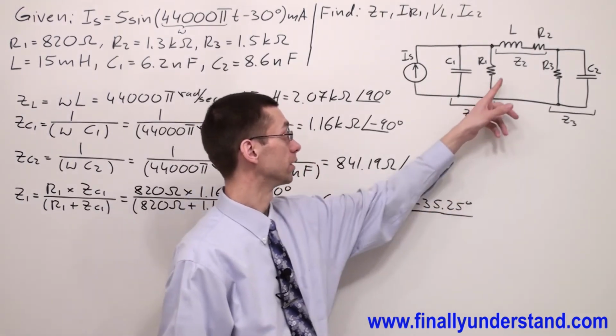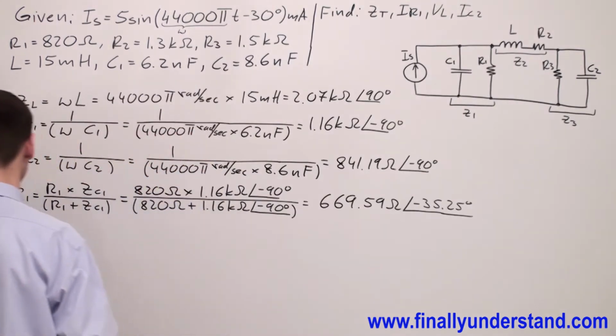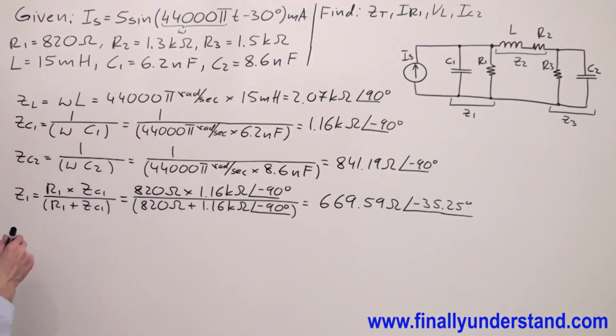Okay, so this is the impedance of these two components together. Next, I'm going to find Z2. As we said before, Z2 is the combination of resistance and the impedance of the inductor, and they are connected in series. That's why I'm going to simply add them up.